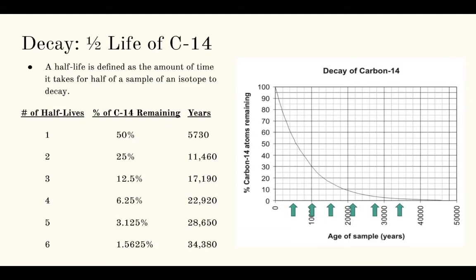Once we get closer to 50,000 years old, samples tend to not be very productive when trying to date them with carbon-14, in which case they would need to use other forms of radiometric dating, which we will touch on at the end of this presentation.